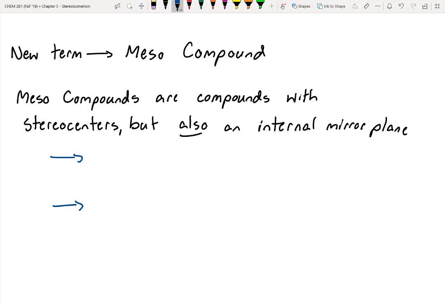First thing is, will meso compounds ever be chiral? No, if they have an internal mirror plane, they'll never be chiral. All right, second thing is, do meso compounds ever have enantiomers? No, because they're achiral.